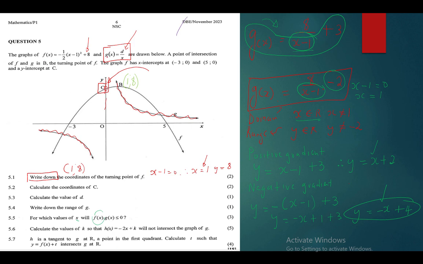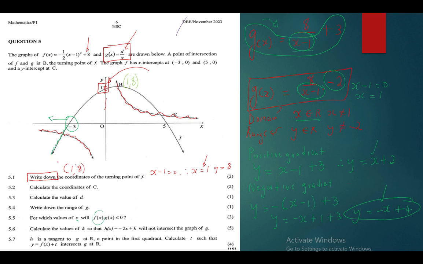Let's come to this diagram. When x is negative 3, go to the point where x is negative 3. For all values of x on the left of negative 3, you realize that your function f, which is here, is underneath.